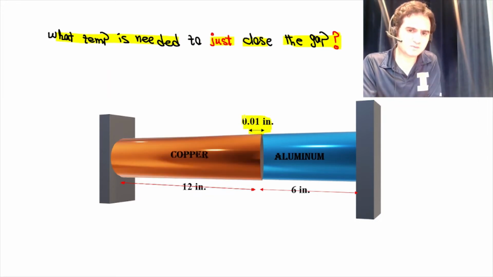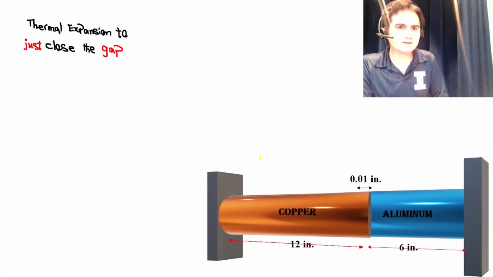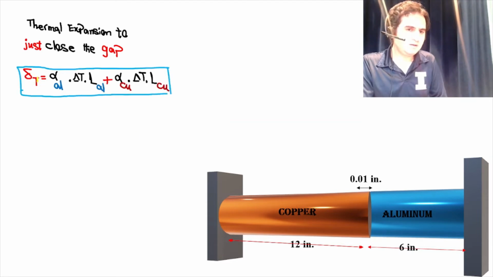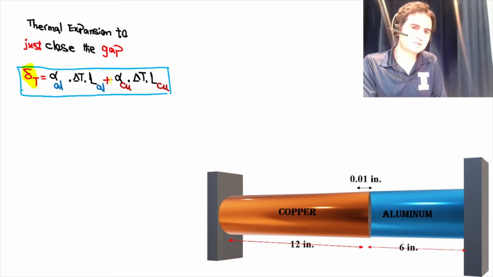To attempt this problem, we can write down the equation for deformation delta due to temperature, which includes the addition of both materials, aluminum and copper. So that's alpha delta T L for both materials.